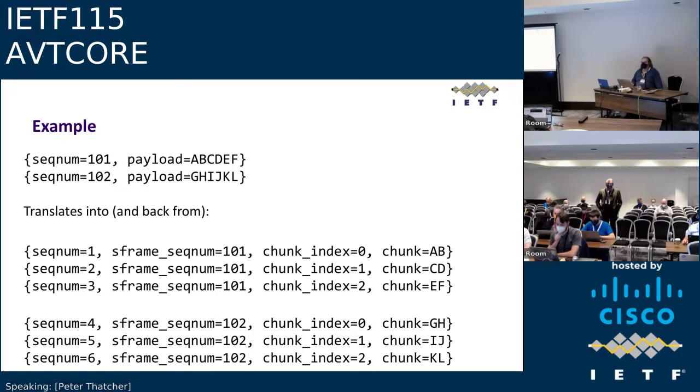You can see there 101 three times, 102 three times. And then the smaller RTP packets have normal sequence numbers, 1, 2, 3, 4, 5, 6. And to keep track of how to put the chunks back together when you receive them all, the chunk indexes let you know what order they go in. So it's a pretty simple chopping up of large RTP packets into small ones, in a way that you can put the large one back together when you get all the small ones.